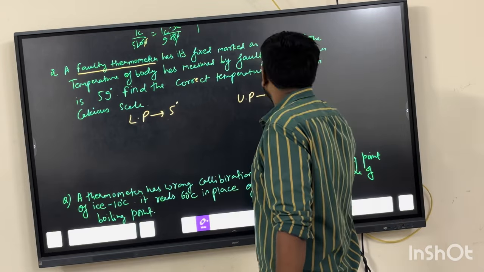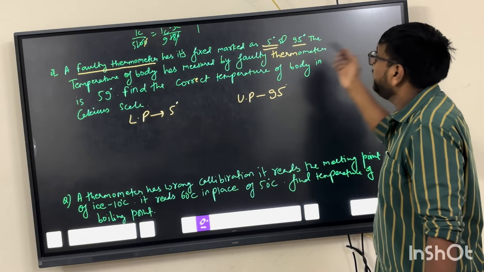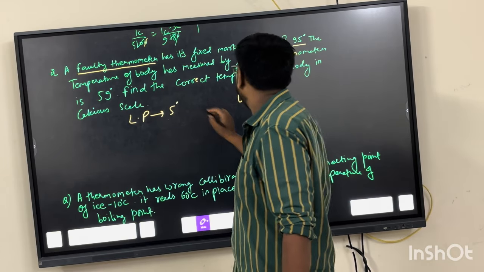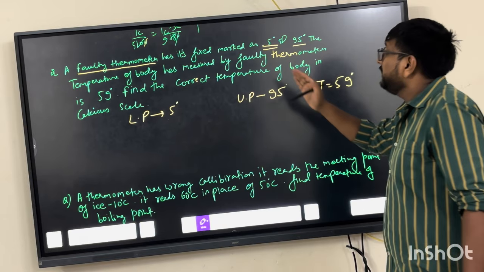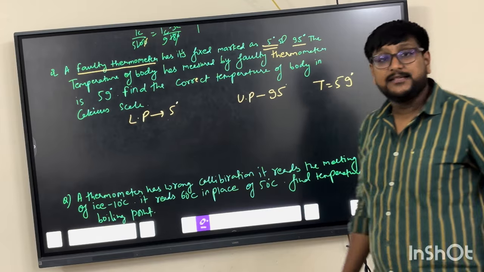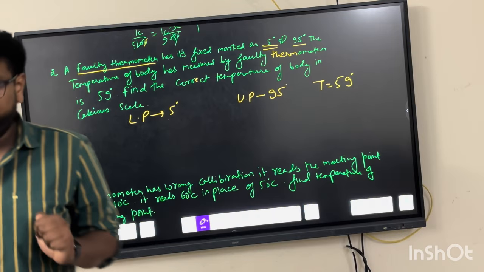The temperature of the body measured by the faulty thermometer is 59 degrees. Then he is asking for the correct temperature of the body on the Celsius scale. I have discussed this with you previously.